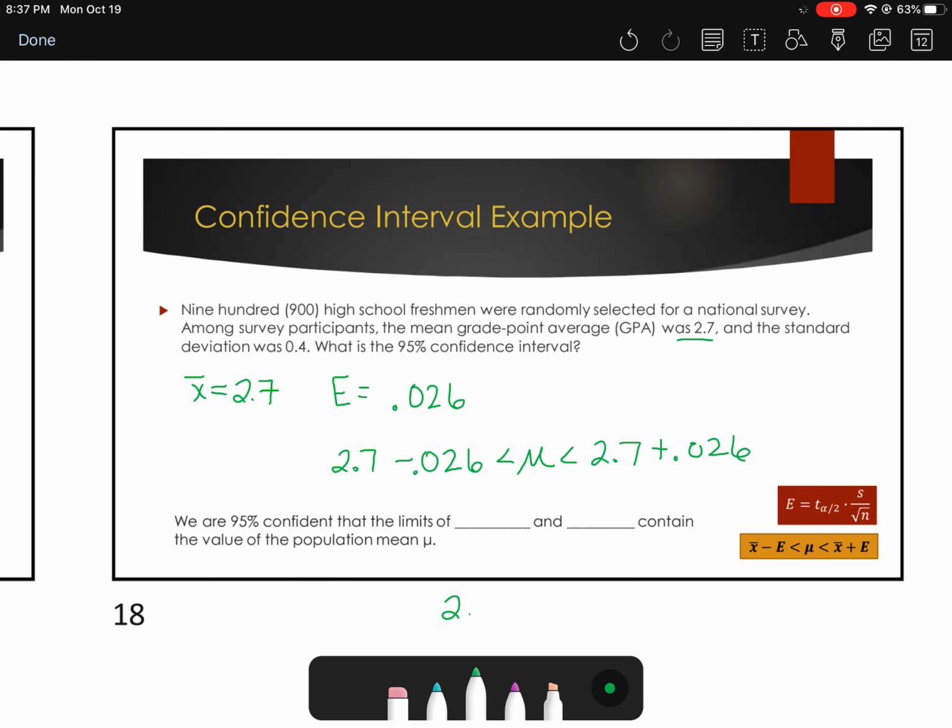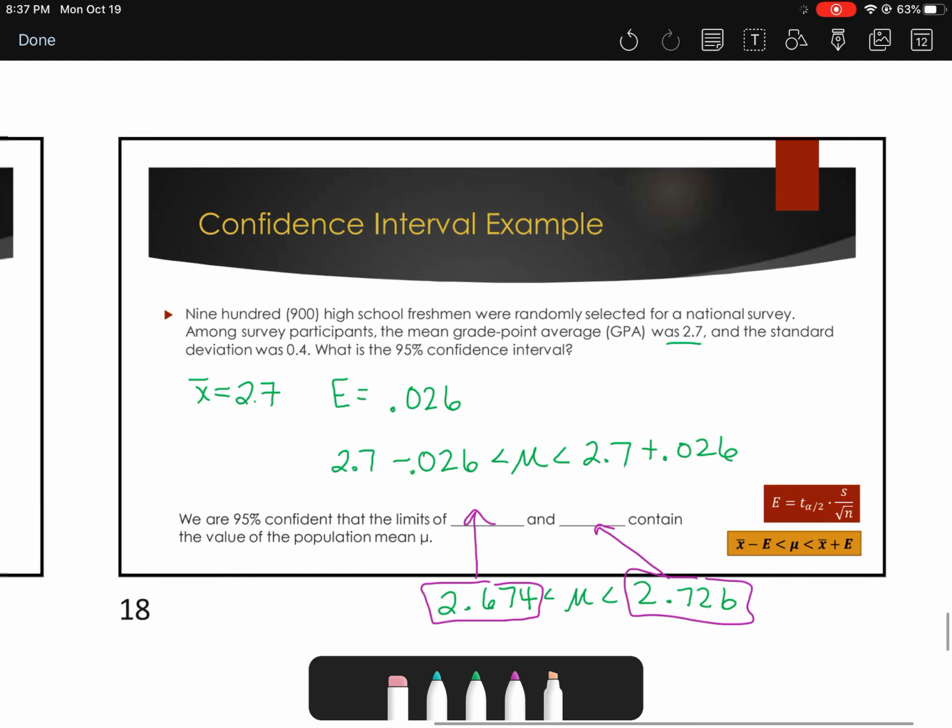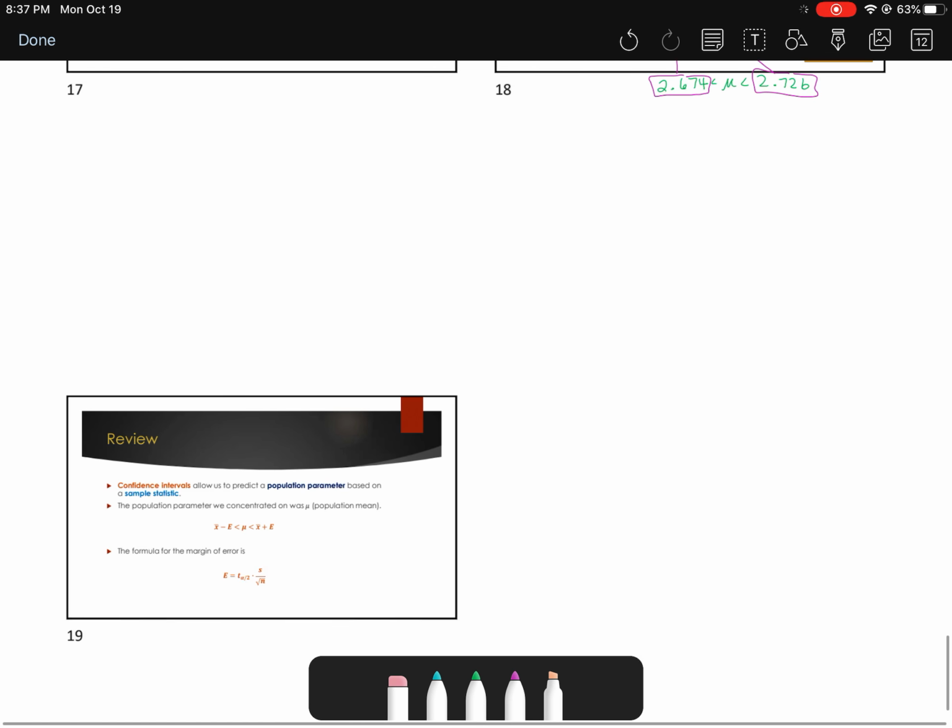Okay, and then when I add and subtract, I get 2.674 is less than mu, which is less than 2.726. So we are 95% confident that the limits of 2.674 and 2.726 contain the value of the population mean.